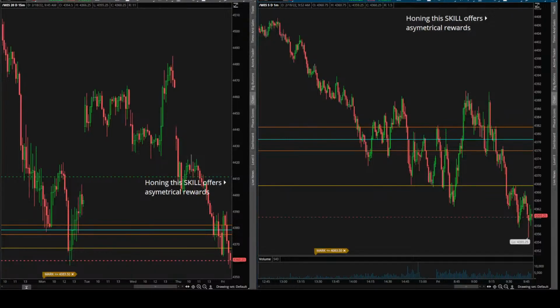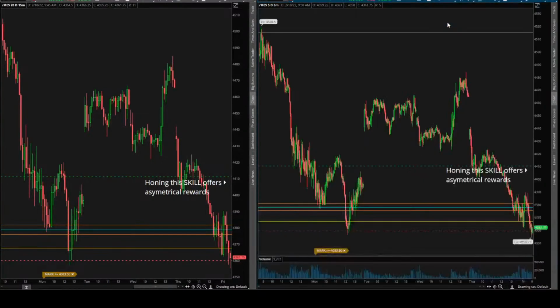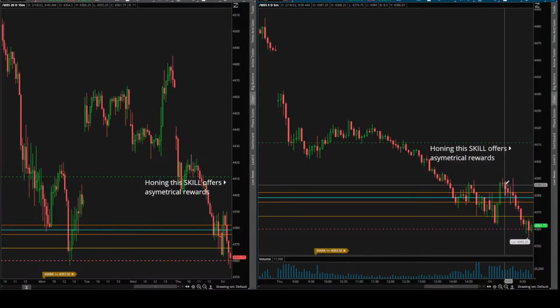Three more minutes until the 5-minute bar is done. 5-minute, let me show you what that looks like. Here's the 5 minutes, so it came up. Well, here's the open right around here. Came up and then just right down.